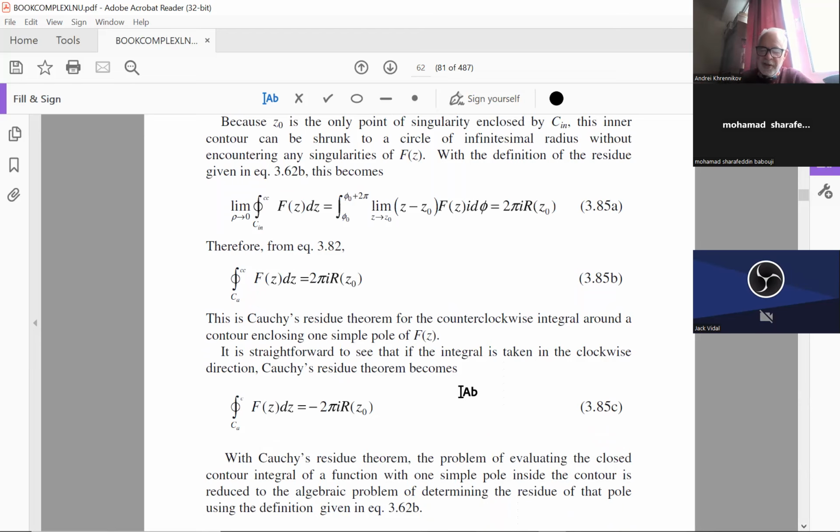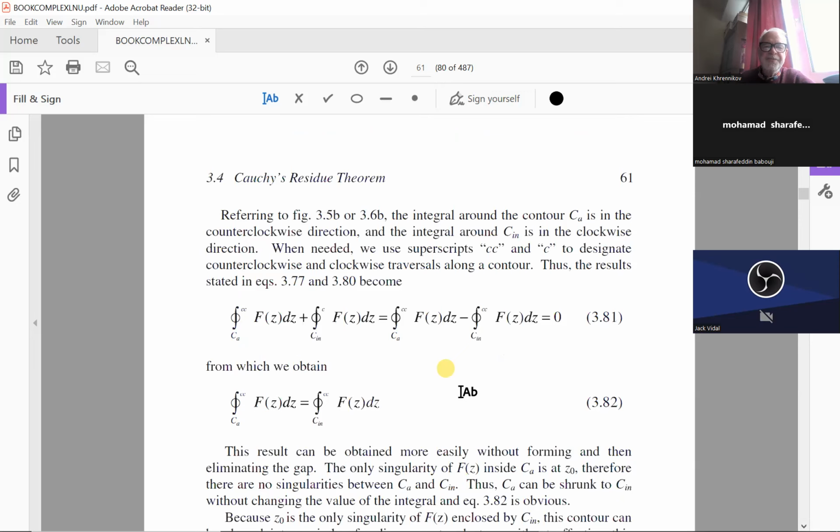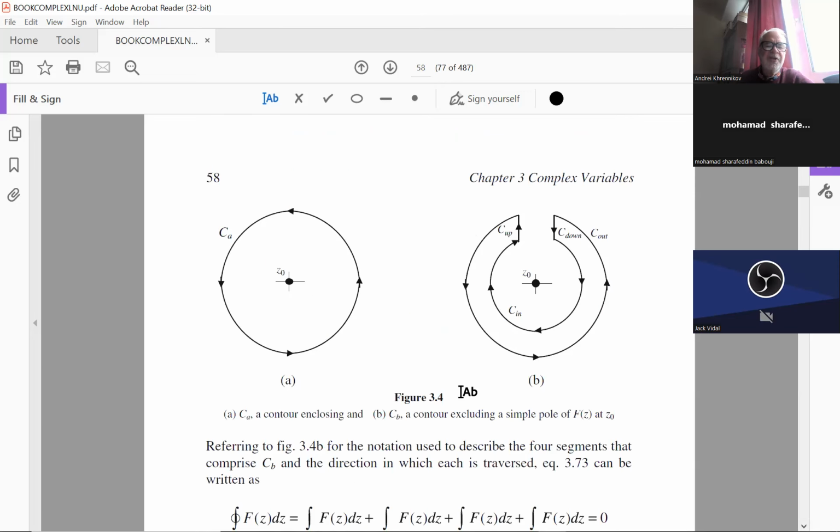But now we should make the first part, and the first part is a bit technical. So now we have some curve. They wrote a circle, but it can be any curve around this point. And now we would like to prove that this integral over this curve is equal to the integral over any small circle around the point z0, because at the end the proof was for a small circle.